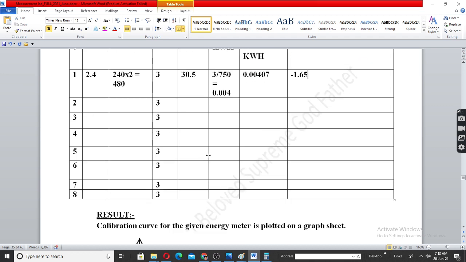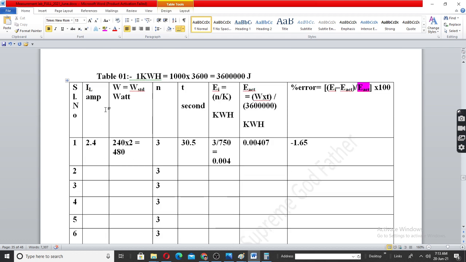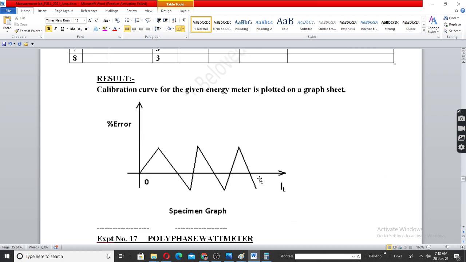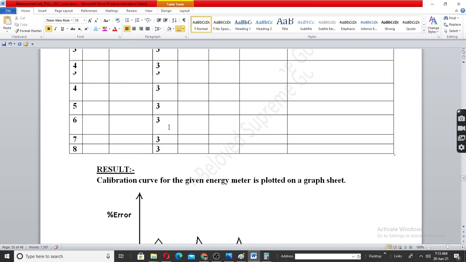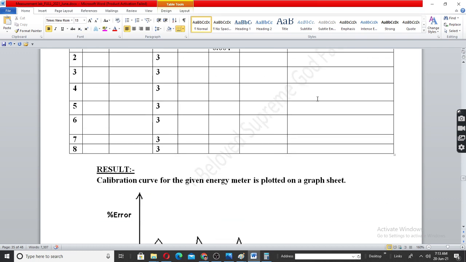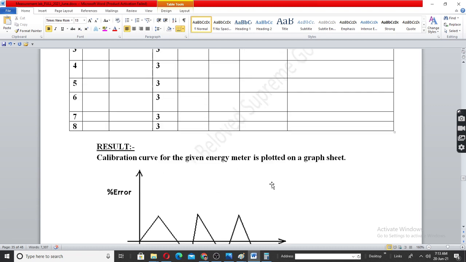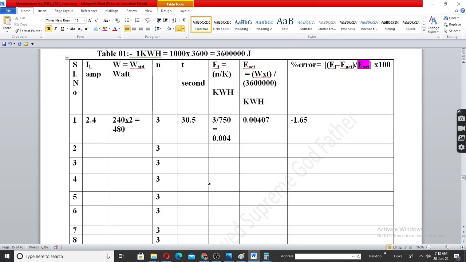So like this, go on calculating error for different values of current. Then plot the graph of percentage error versus current. For various load currents, the percentage error will be different.